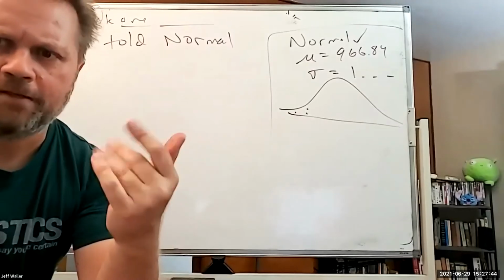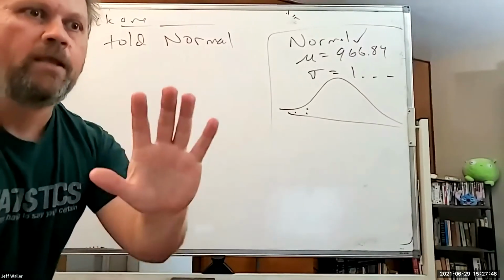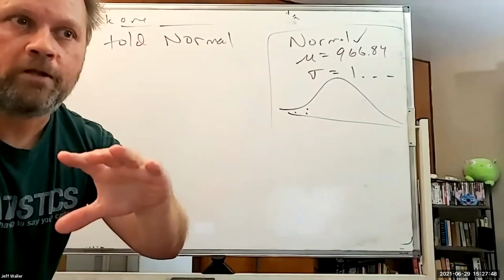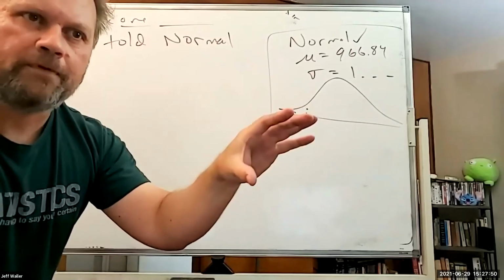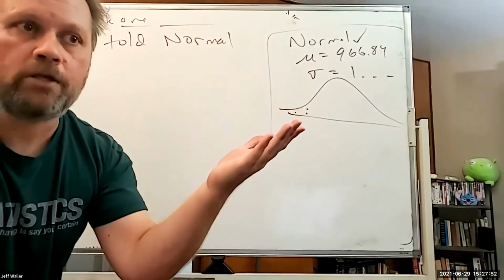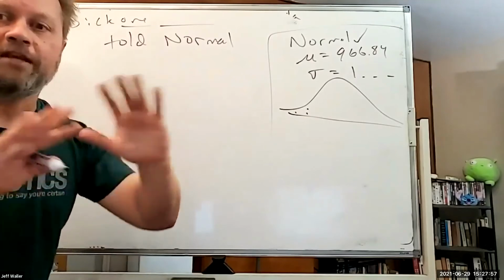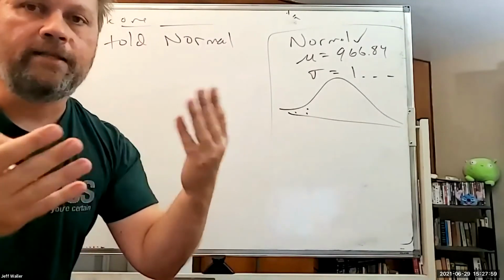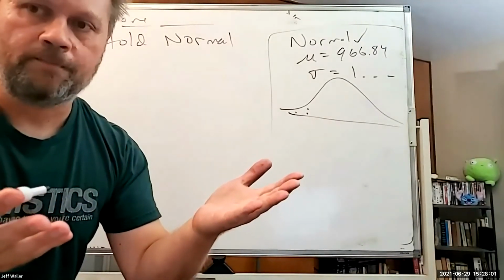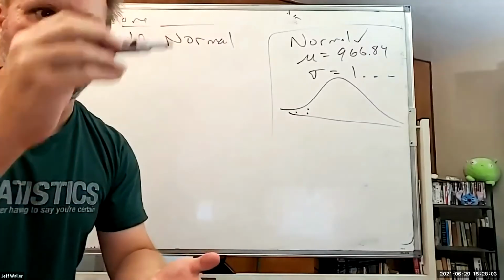You guys with me? Yes. So if it starts off normal, do I need the sample size to save me? No, I know it's already normal. If it starts off freaky, I need a sample size greater than 30 before it smooths out and becomes normal enough.